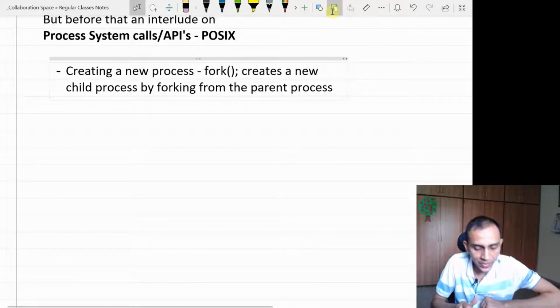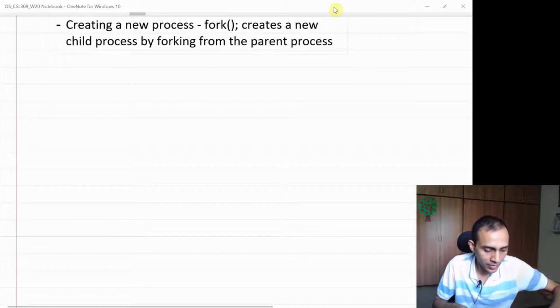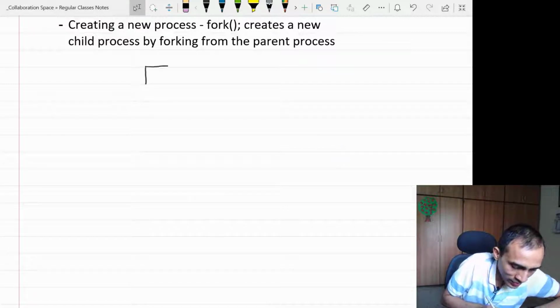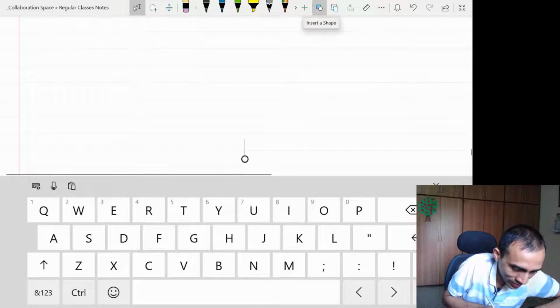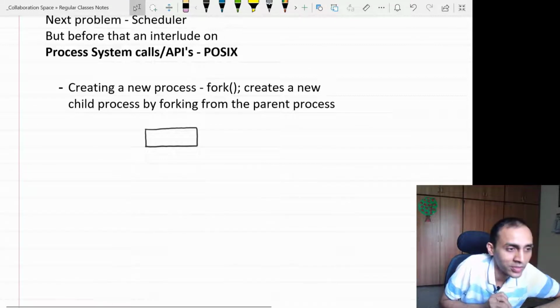So in Linux, the ancestor, the grandfather, the Brahmaji, the original entity of everybody, is called the init process.